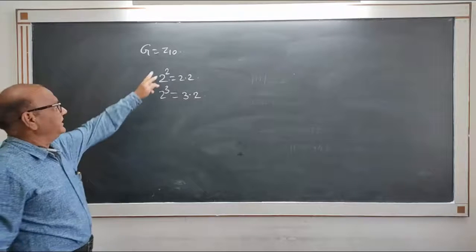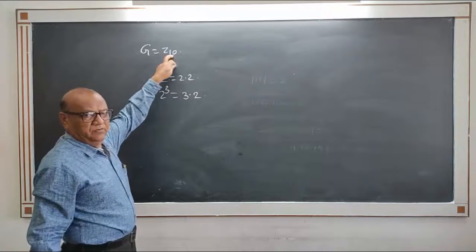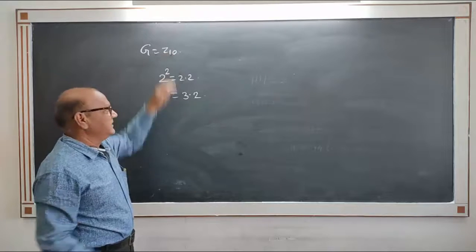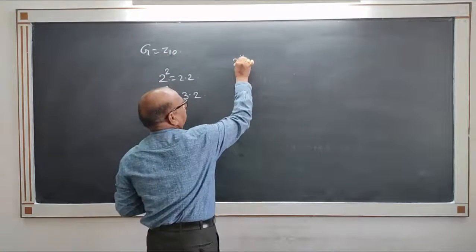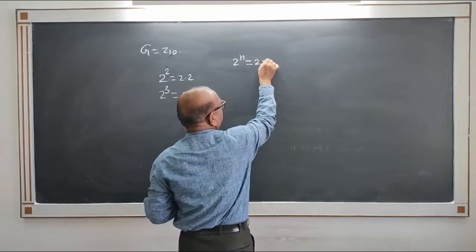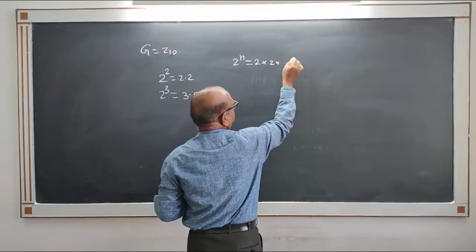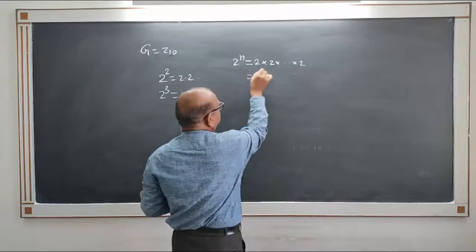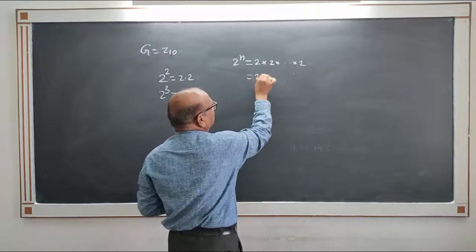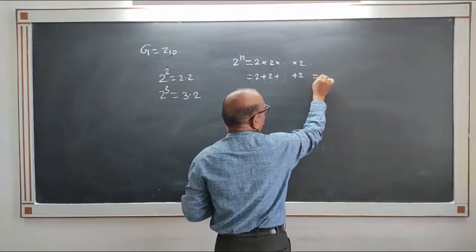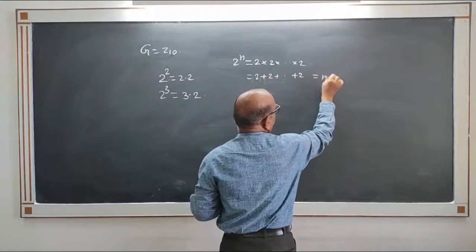If the group operation is addition, then 2 raised to n means 2 star, n times. But here the operation is addition, that means 2 plus 2 plus and so on, and this is equal to n times 2.